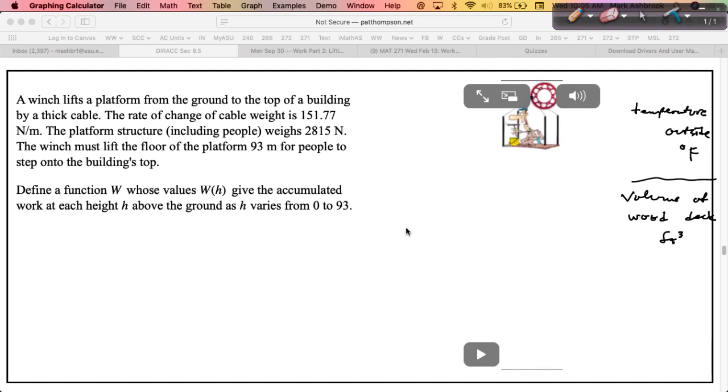Numbers really aren't involved here when you're doing this. You're just brainstorming on the quantities themselves. For instance, temperature outside in degrees Fahrenheit, volume of the wood deck in feet cubed. That's all we're getting at here. So what general quantities are part of this situation that will help us model this in terms of work, the accumulation of work?